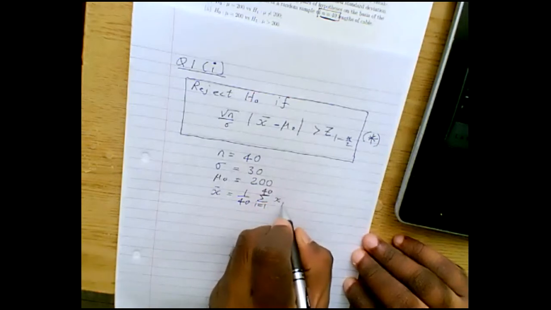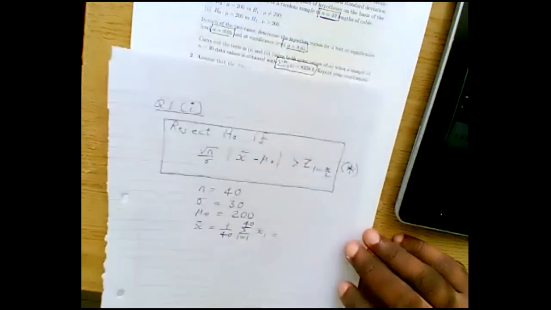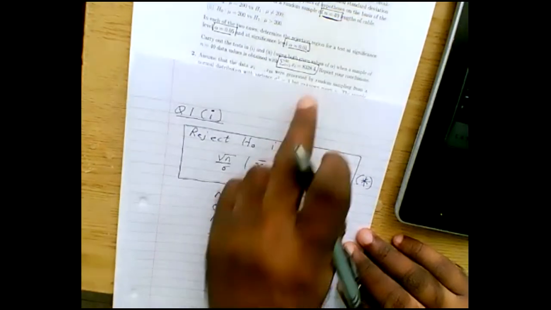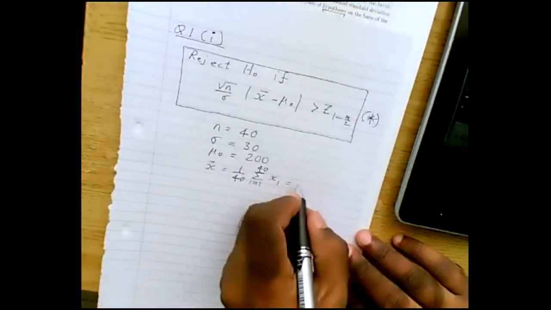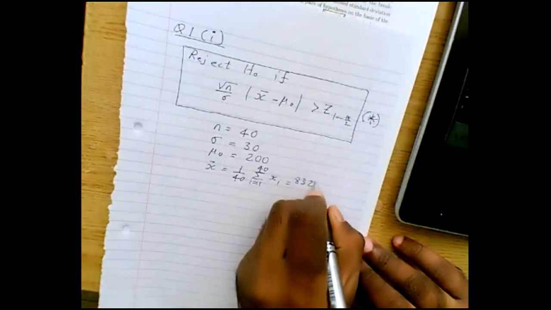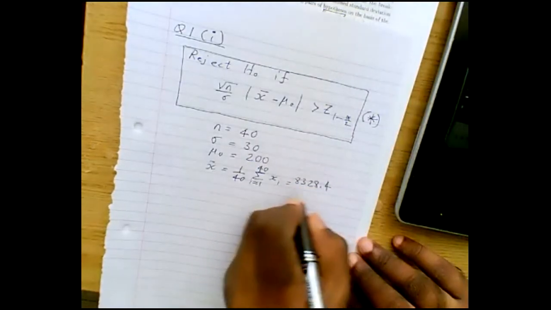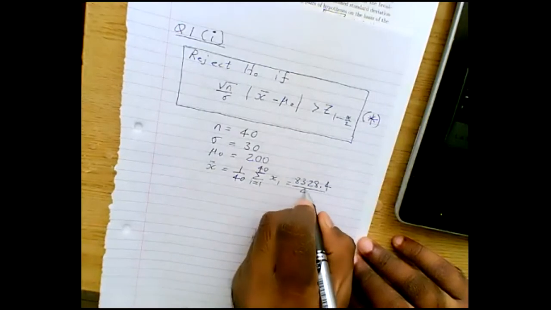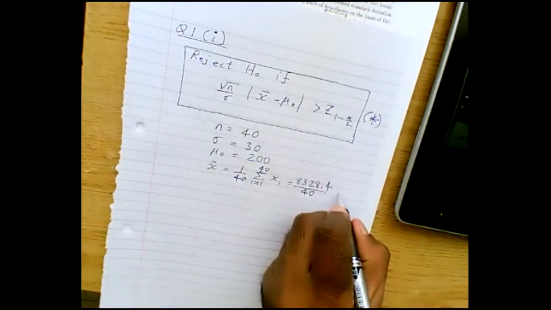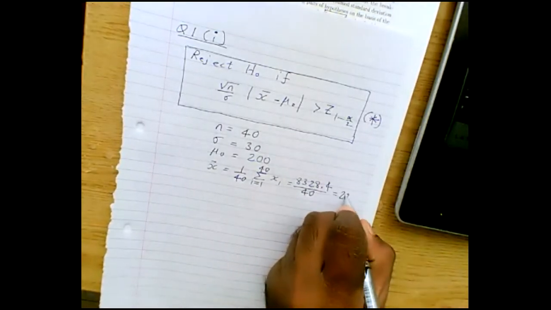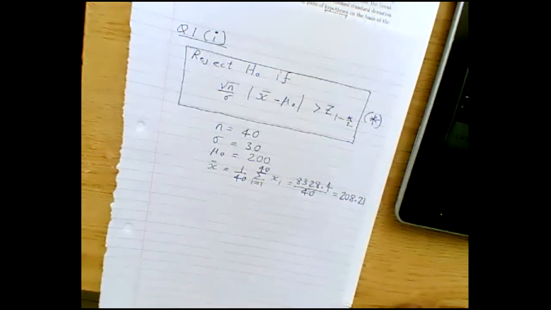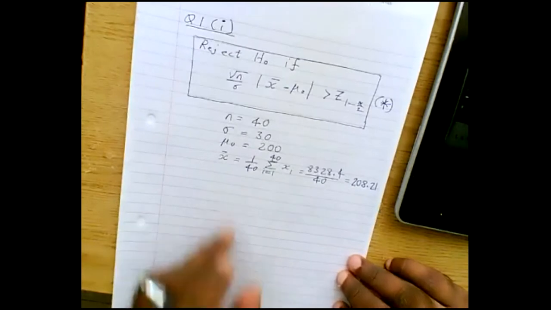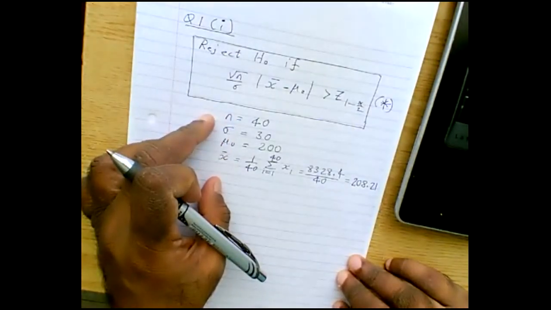You're told the sum of xi is 8328.4, so this is 8328.4 divided by 40, which gives 208.21.